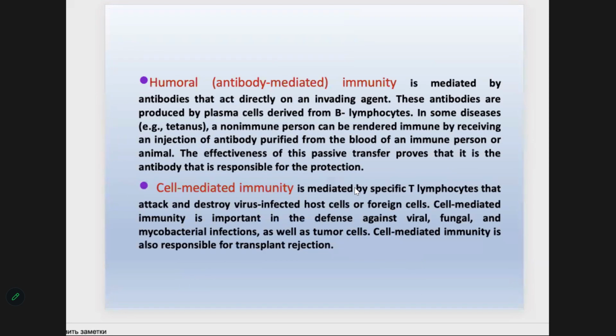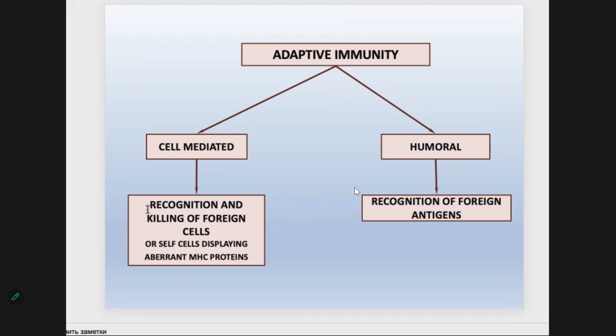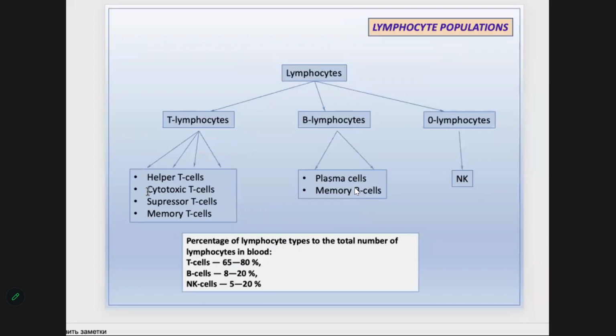The short characteristic of the functions of lymphocytes is presented here. There are two types of immune protection of our organism: cell-mediated immune protection, or adaptive immunity, and humoral immune protection. Cell-mediated immune protection means recognition and killing of foreign cells, and it is realized by T cytotoxic lymphocytes and also natural killers.